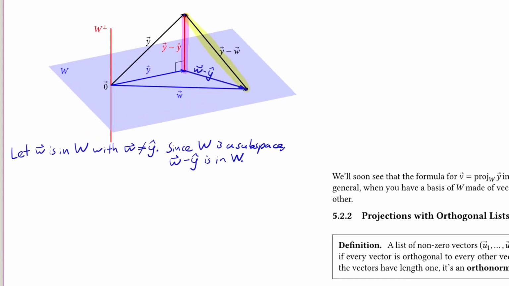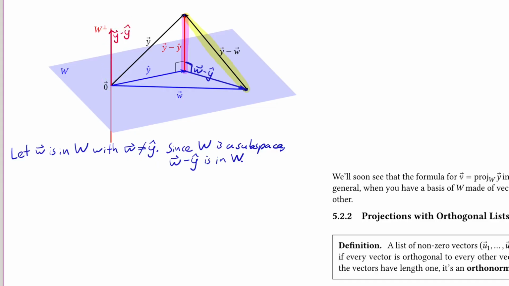So what we know next is that this has got to be a right triangle here. Well, how do I know that? Because we're saying y minus y hat is in W perpendicular.